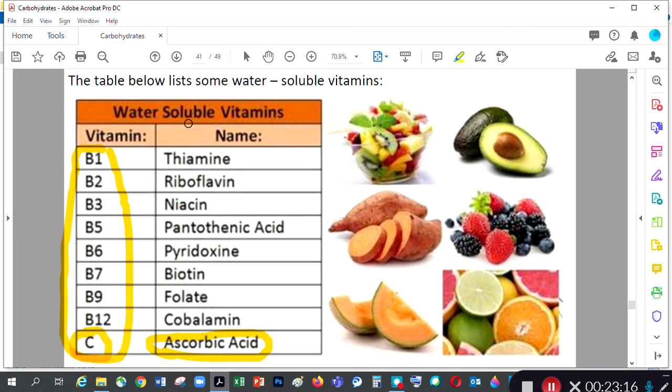And you see the water-soluble vitamins, and then you see the precursors, where they are coming from. B7 is called biotin, B9 is folate, vitamin C is ascorbic acid, and B1 is thiamine. And this is just the type of fruits they are found in. They are found plenty in fruit.